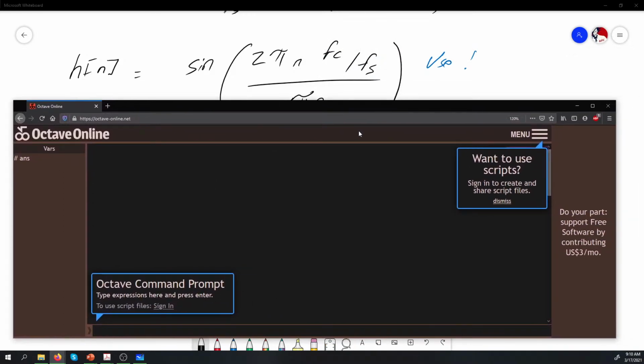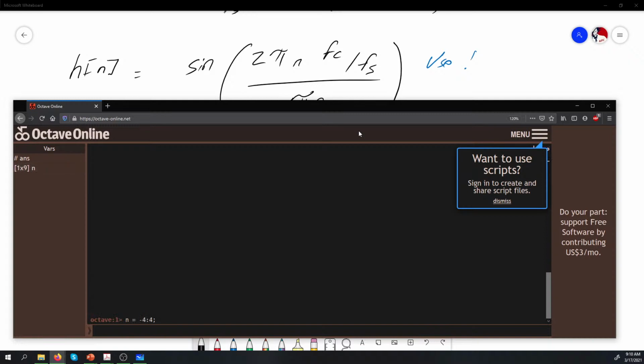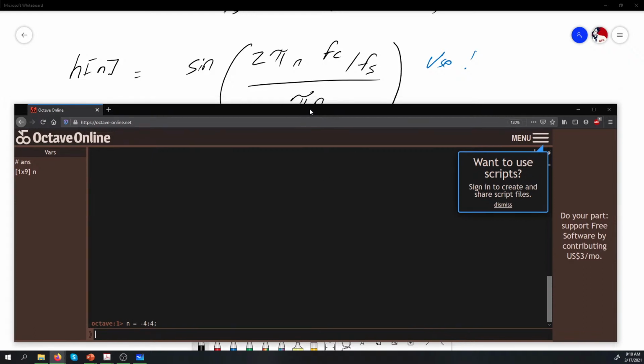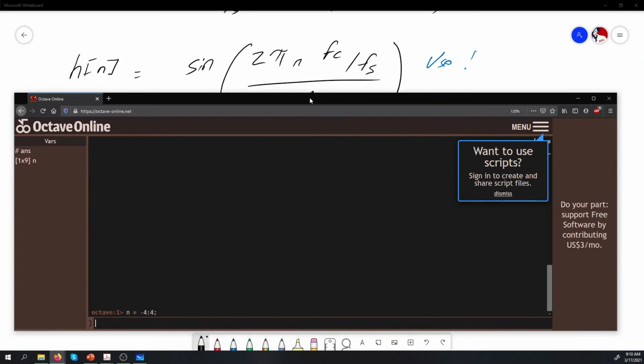Okay. I'm going to need to define my n vector, minus 4 to 4. And I have an h here, so I need my fc and my fs.